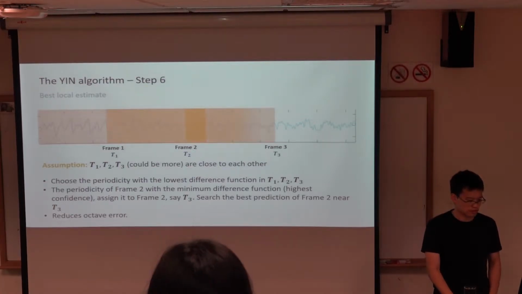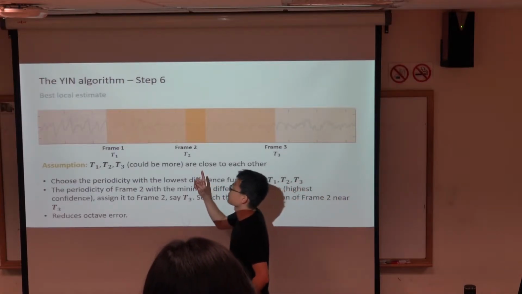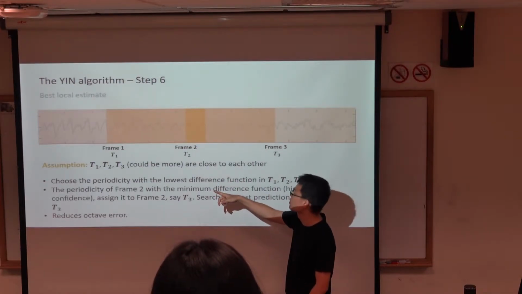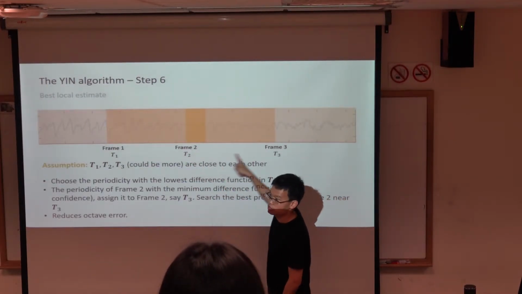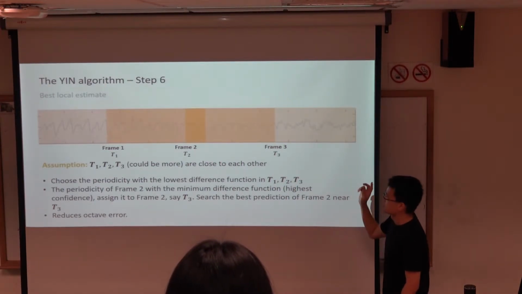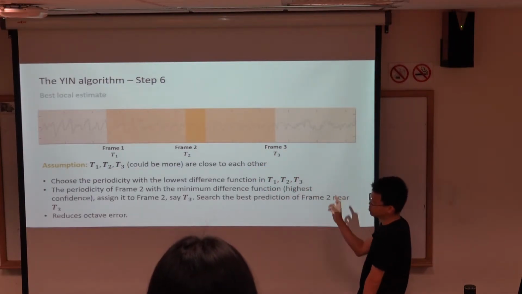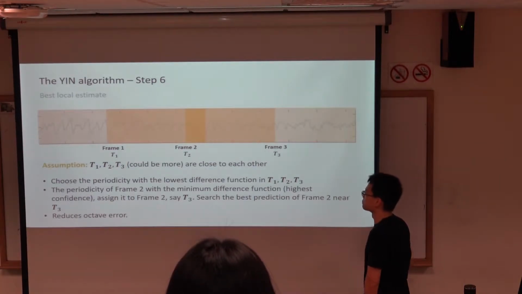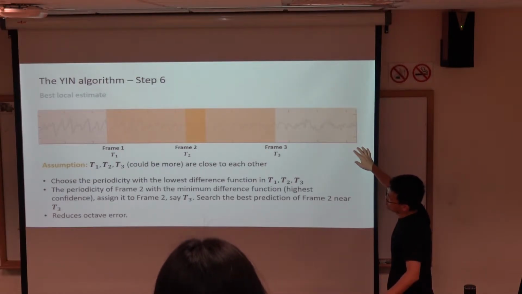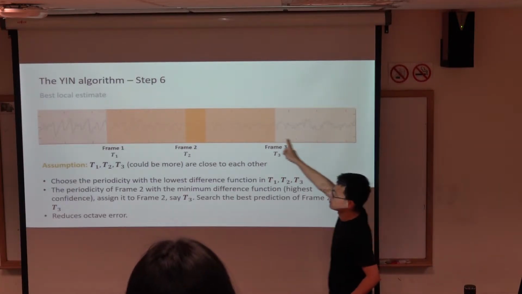Okay, let's look at 3 successive frames in the audio. In frame 1, we detect T1, I mean the fundamental period, okay? And T2 and T3. And since the length of 3 frames is shorter than the maximum period we want to detect, we suppose that there won't be an octave jump in the audio within these 3 frames.